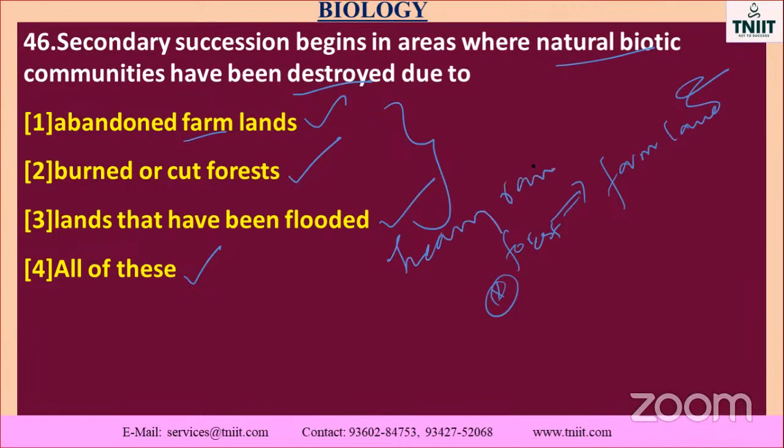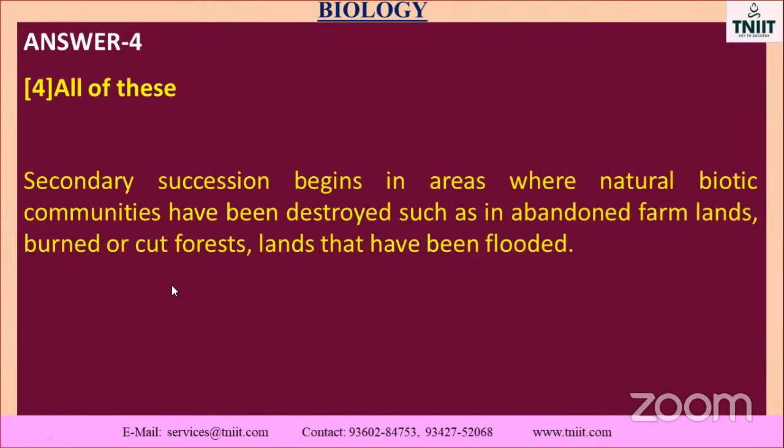Heavy rain also completely destroys the natural biotic community. As a result, it may produce a secondary succession. It's manually produced. So the option is all of these, the correct answer. Secondary succession begins in the area where the natural biotic community has been destroyed, such as abandoned farmland, burned or cut forest, land that has been flooded. So the fourth one is correct.